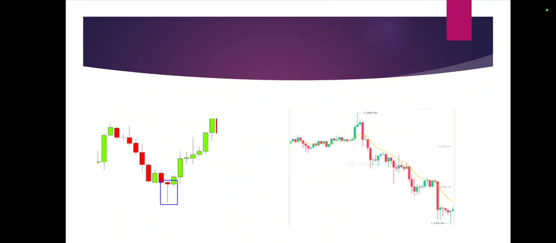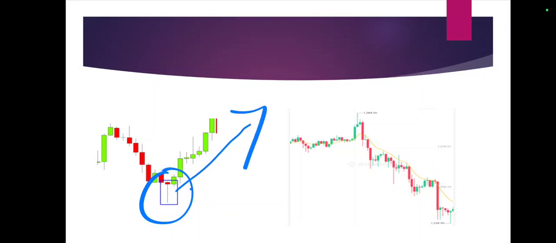And I said the color doesn't really matter. As you can see, this is a red candle, bearish candle, but it's a hammer or a pin bar, signifying that buyers step into the market at this position, making a long tail, signifying that the prices are going up from this position.